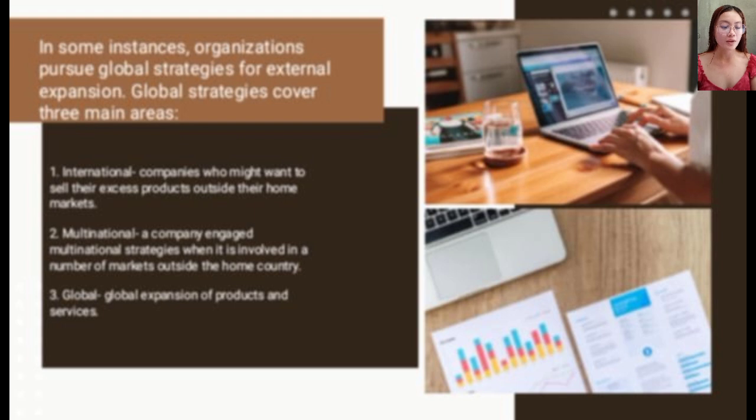Next is multinational strategy. So this is a company that engages in multinational strategies when it is involved in a number of markets outside the home country. So, ang example aning multinational kay example, you have a restaurant that sells pizza. You want to expand to other countries.